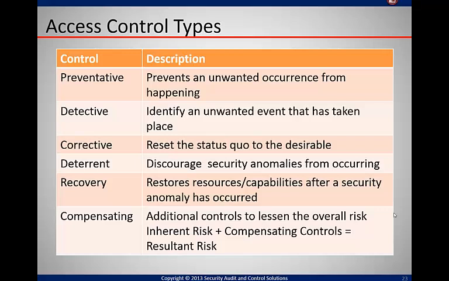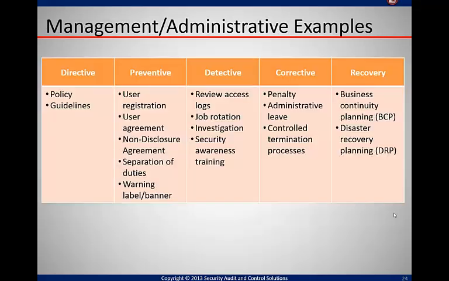Now, when you look at these, preventative and detective controls are before the incident, corrective controls are during the event, deterrent controls can also be before, and recovery controls are after an event. Here are a couple of examples, and these are management or administrative examples.